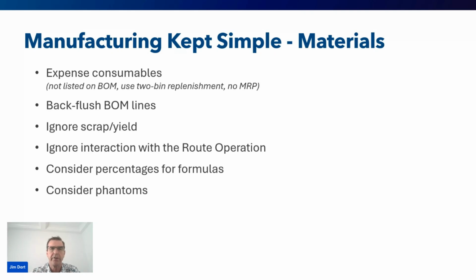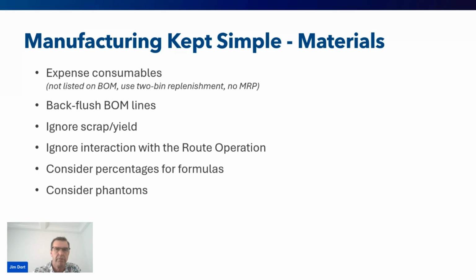We don't necessarily need to have those on the BOM. Some of those things can just be expensed as they're bought, because they're not really tracked, and they're not expensive. That's a big part of it too, it's not a huge expense relative to the cost of the product overall. So one idea, expense the consumables.